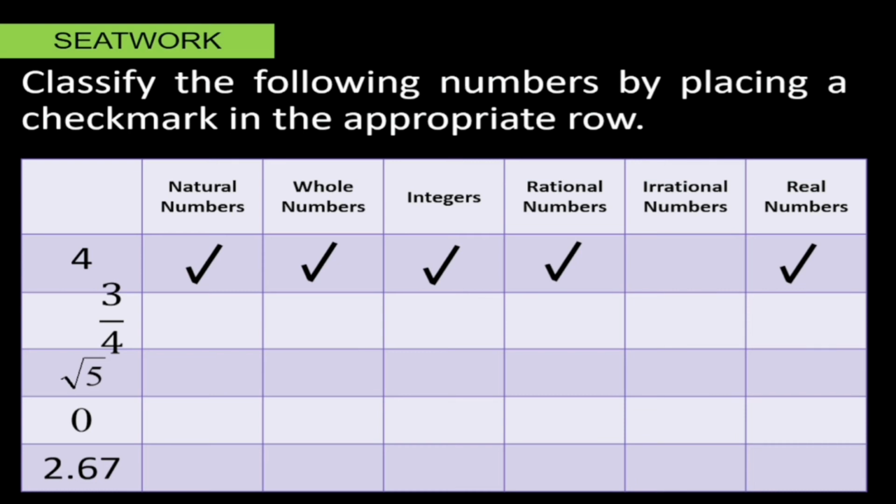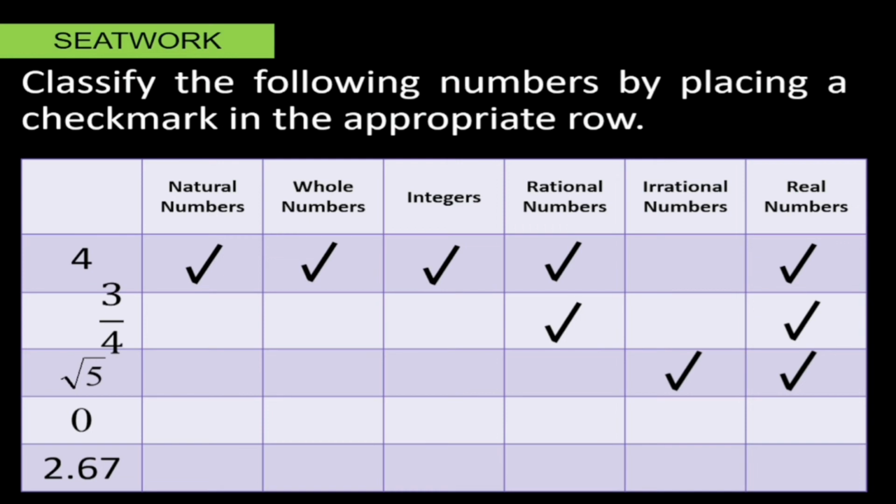Then we have 3/4. 3/4 is a fraction, therefore it is a rational number and a real number. We have the square root of 5. The square root of 5 is actually an irrational number since we cannot express it in terms of a fraction. Then it is also a real number.